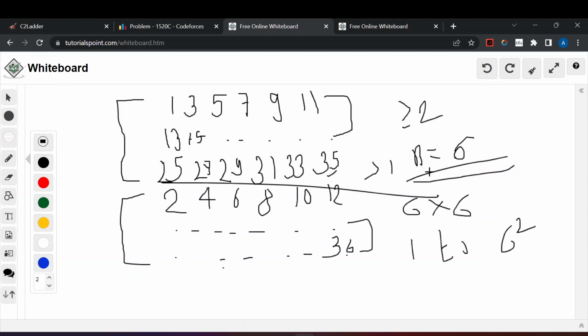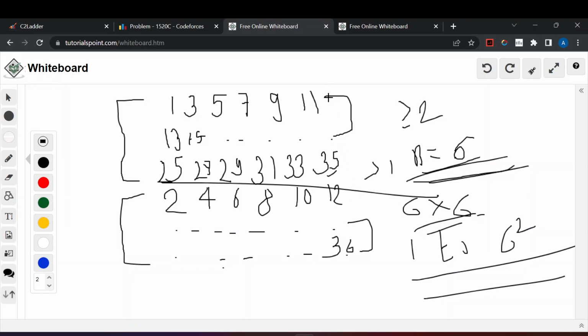For example, in this example, we take n is equal to 6, so we have to print a 6 into 6 matrix. The range will be 1 to 6 square. So first I printed all the odd numbers from 1 to n square, which is 1, 3, 5, 7, 9, 11 up to 35, and then I printed even numbers starting from 2, 4, 6, 8 and up to 36.